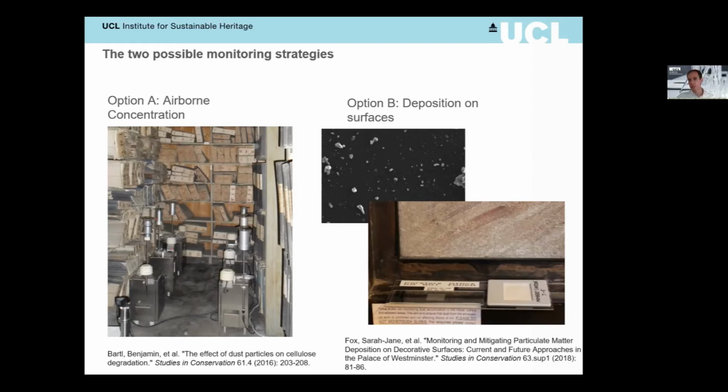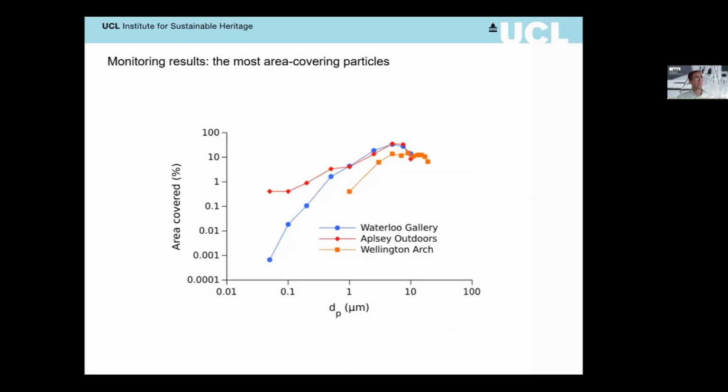So I monitored this in many locations, not only in this building, in others as well. First thing I found out is that if I plotted the particles by the percentage of area that they were covering, the most problematic ones were not the big ones or the small ones, but the ones in between.